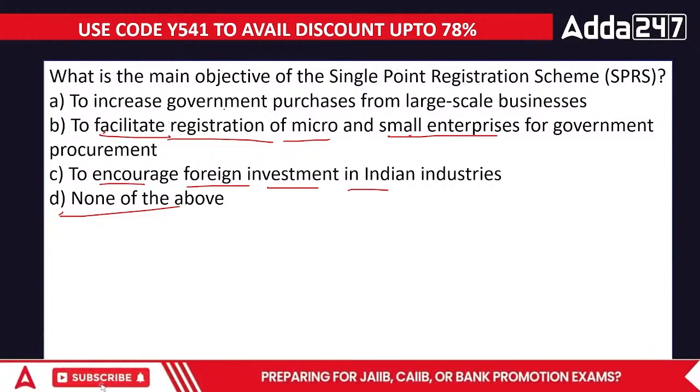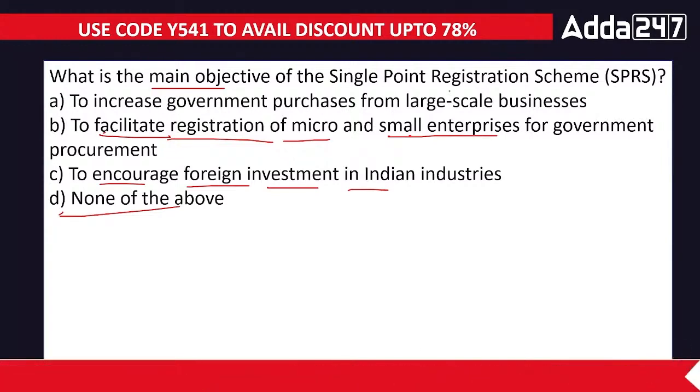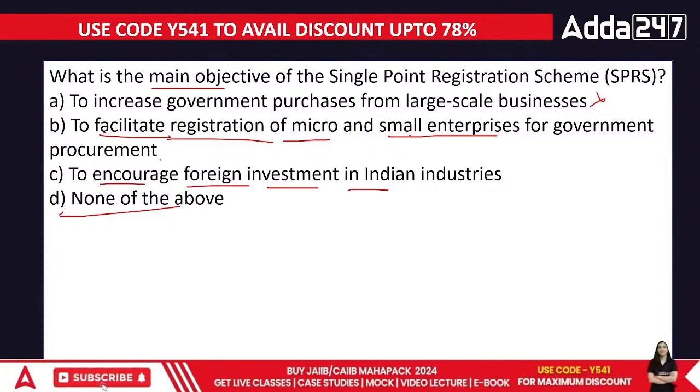What is the main objective of the single point registration program? The government is not trying to have large scale purchases, of course. In this case, they are just trying to facilitate the registration of MSMEs, which is definitely very difficult.